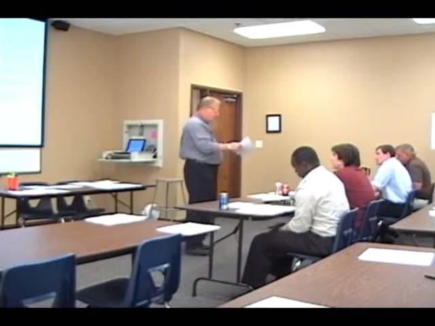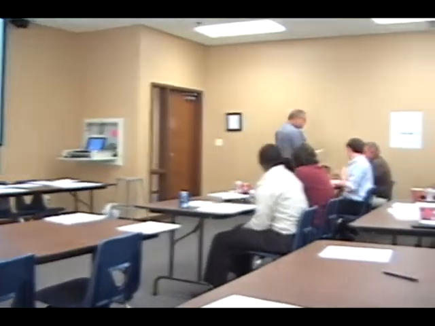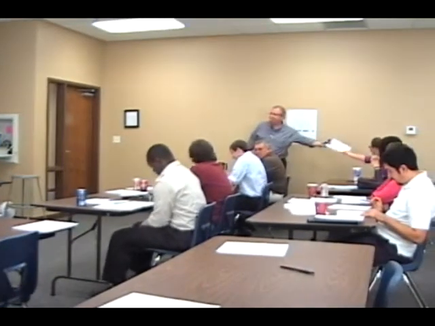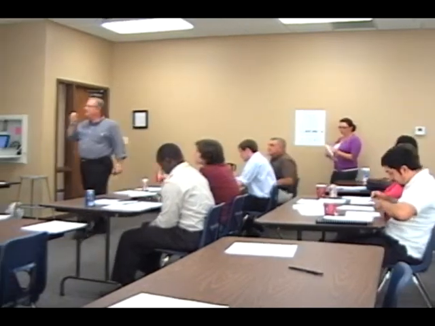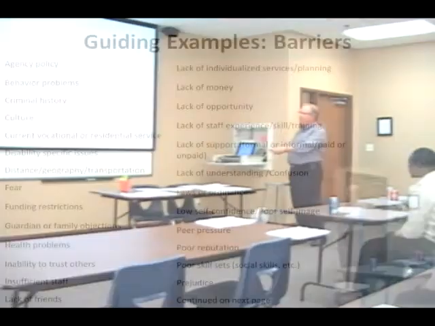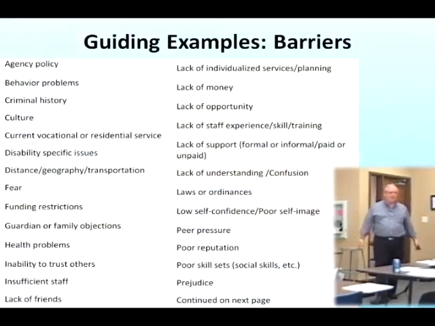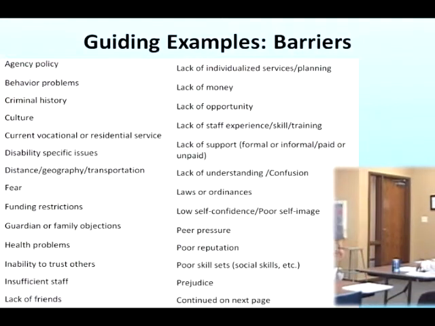Well then, here is our current list of barriers. You can see that it's everything from peer pressure can be a barrier, a poor reputation, not having the skills that are necessary. Fear can be a barrier.